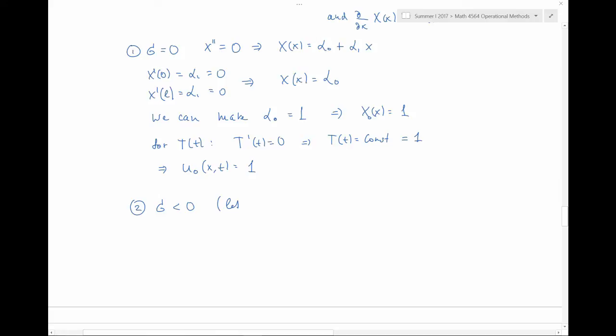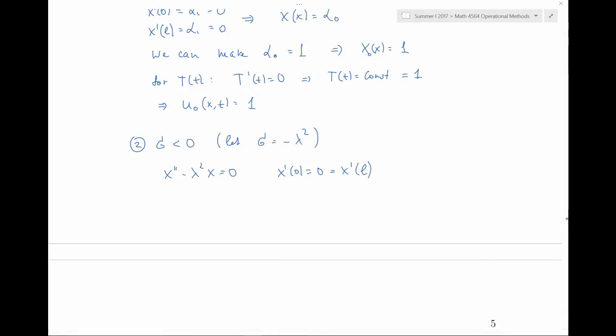Just as before, we're going to assume that sigma is just minus lambda squared. And just as before, the differential equation for X reads X double prime minus lambda squared X equals 0, with the boundary conditions that X prime of 0 equals 0, which also equals X prime of L. Using the standard methods of solving differential equations, we arrive that X(x) must be alpha 1 times e to the minus lambda x plus alpha 2 times e to the positive lambda x.